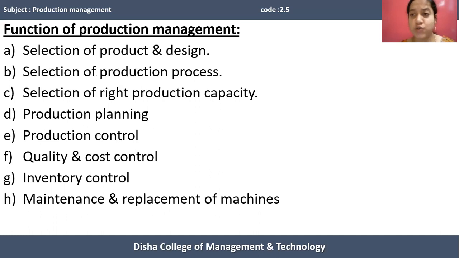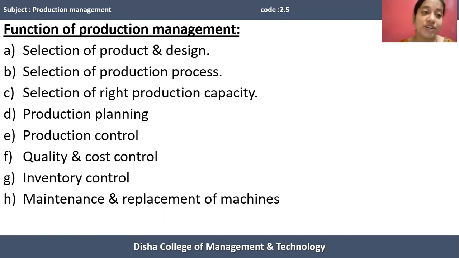First, the production manager has to identify and decide, by considering various factors or by conducting various analyses like demand analysis, cost analysis, profitability and profit analysis, and by conducting various feasibility studies, the manufacturer or the production manager first identifies the product. After identifying the product, the production manager or the designer decides the design of a particular product.